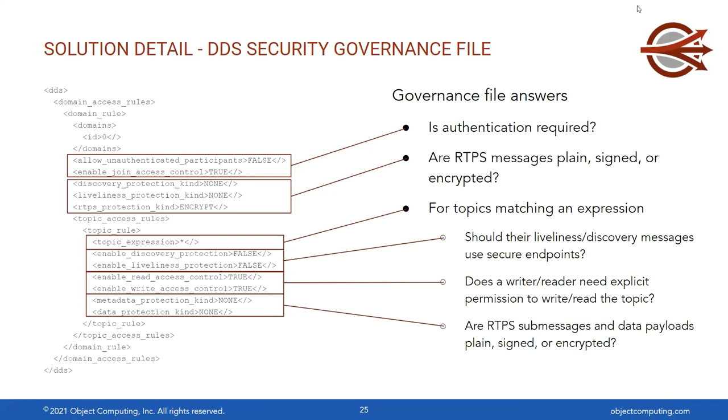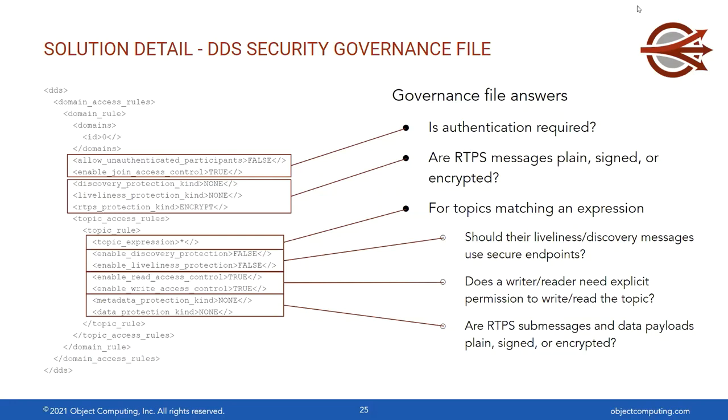Below the RTPS level, we can then start thinking about various topics. These topics are written in the form of a wildcard, so you can apply rules to a broad range of topics to avoid repeating rules. But the basic things you're configuring there are: should liveliness and discovery messages use secure endpoints? Does a reader or writer need explicit permission to write and read the topic?